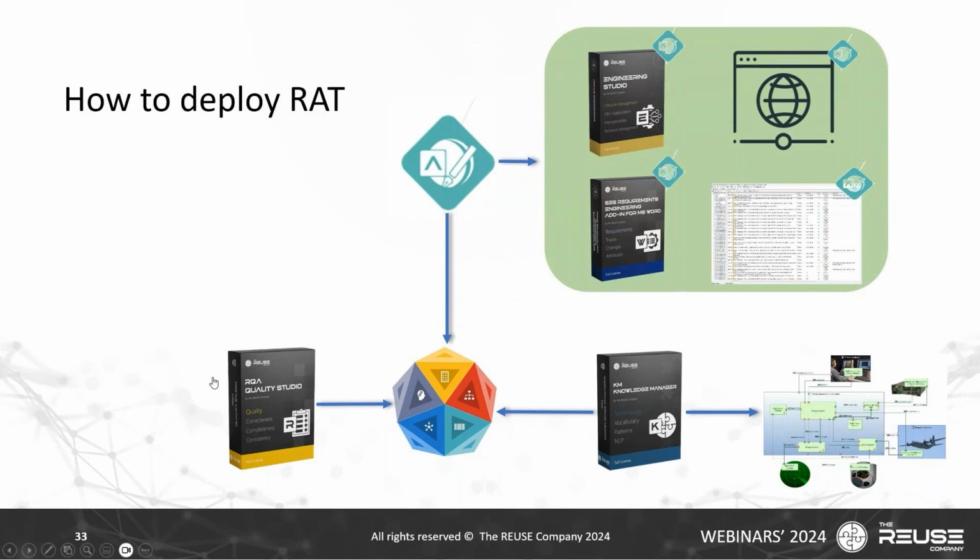So you can take KM and just import the library, including the EOS patterns. And also, you can use the RQA in case you want to have additional metrics, like those defined by INCOSE, for instance. Then you can use RQA to establish a catalog of different metrics. The metrics that you define in RQA and the patterns that you either import as a library from KM, or tailor using KM, all this information will always be stored, represented in our ontology.